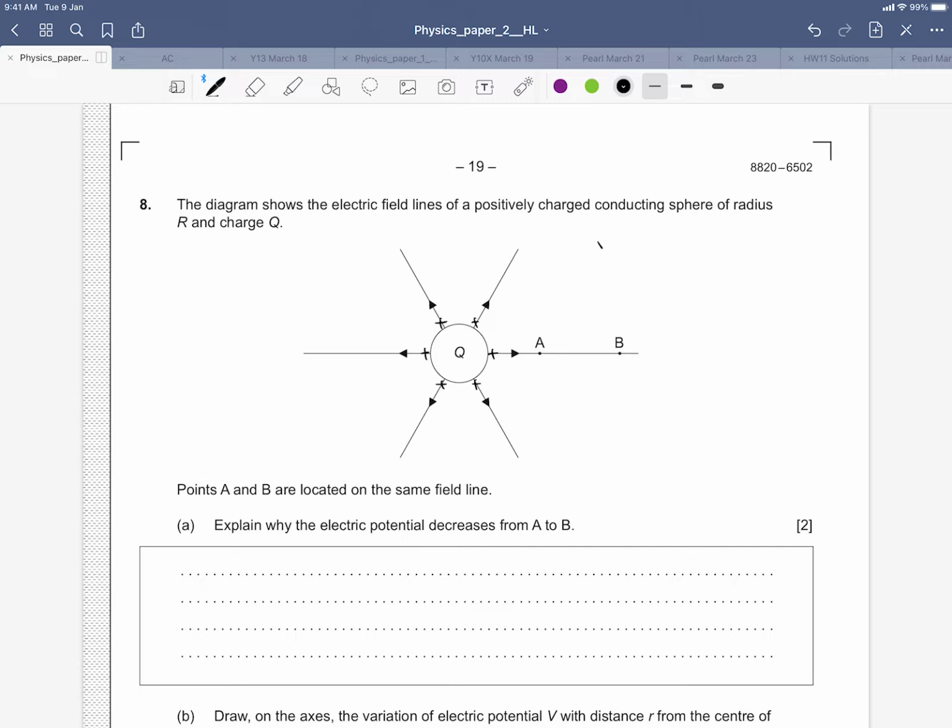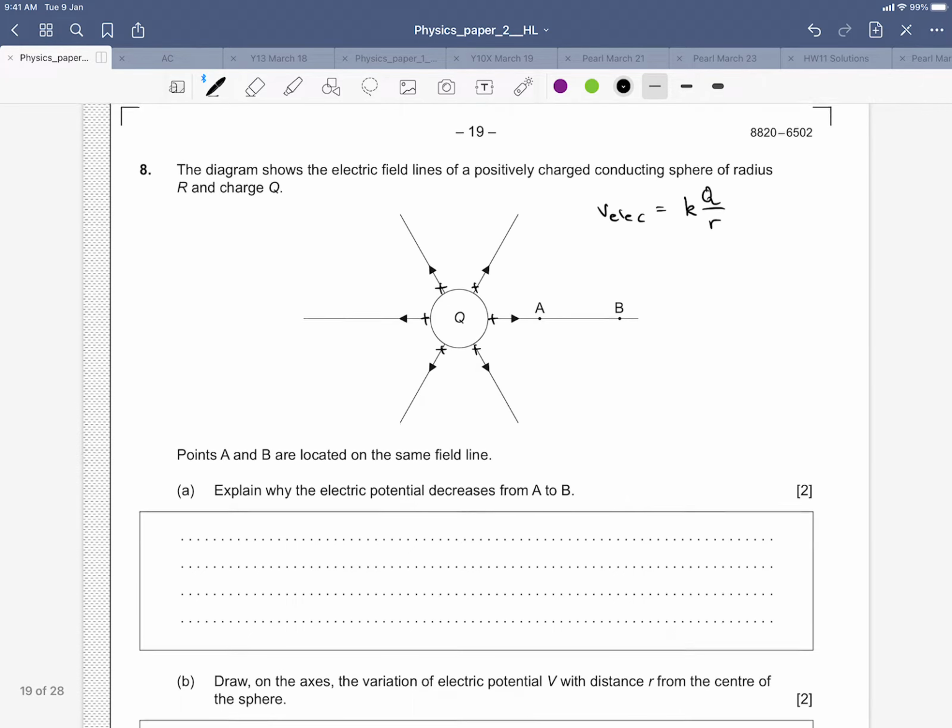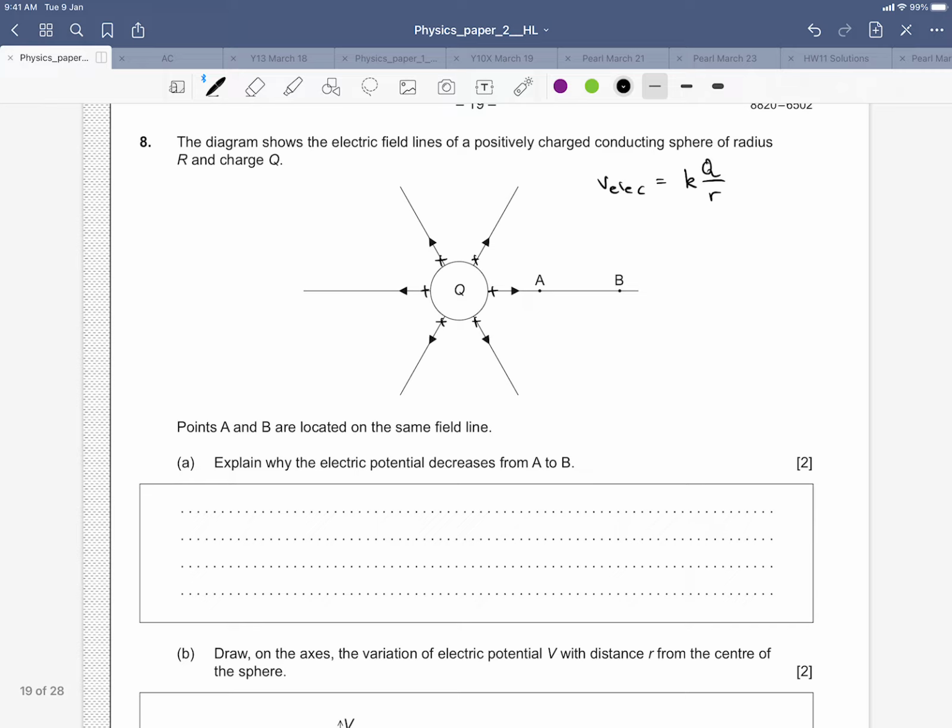Well, we have this formula for electric potential in the formula booklet, but that is the potential surrounding a point charge. Now, this is not exactly a point charge, it's a conducting sphere, but outside of the radius, the field is exactly the same as a point charge of the same value Q at the center. So we can use that formula, and of course Q is positive.